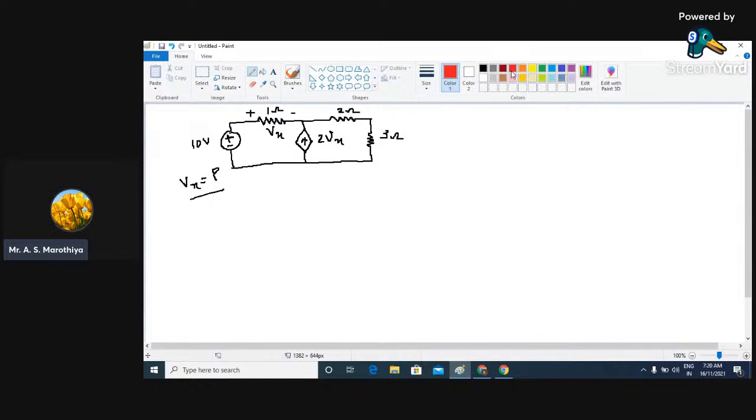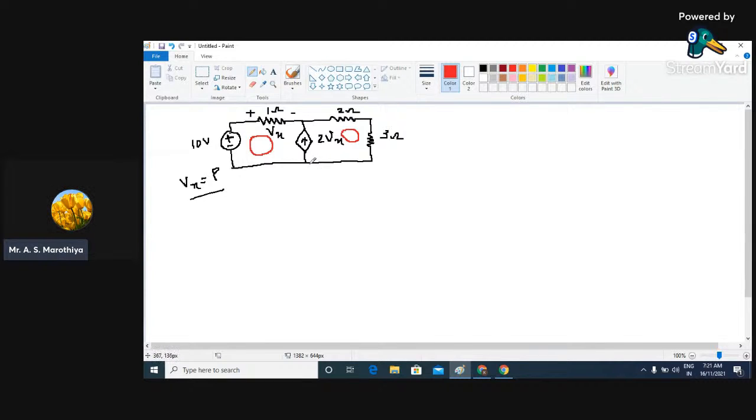How to solve this? Again, we need to apply the concept of mesh analysis technique. Before that, let us try to find out whether this is a plain mesh or a super mesh category numerical. See here, we have two meshes. This is going to be your first mesh, and this is going to be your second mesh. And in between these two meshes we have a common current source.